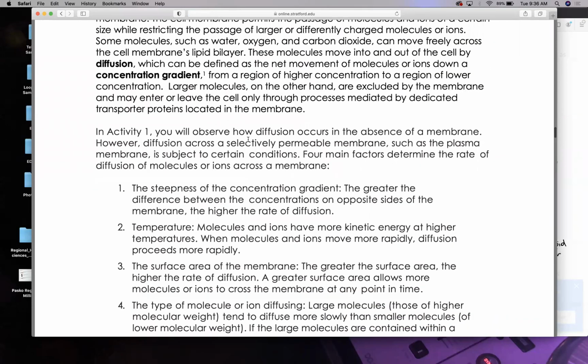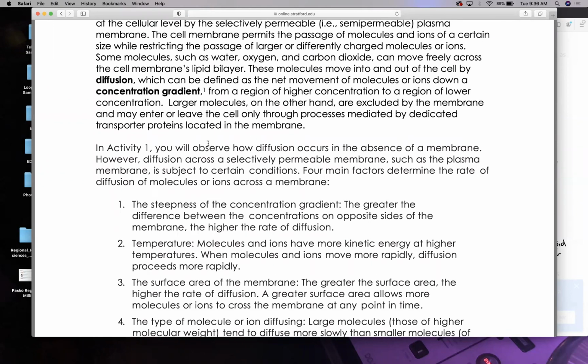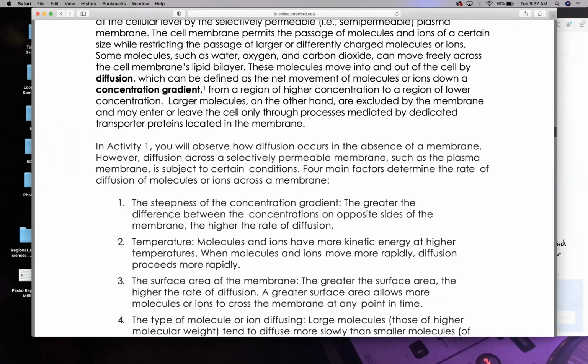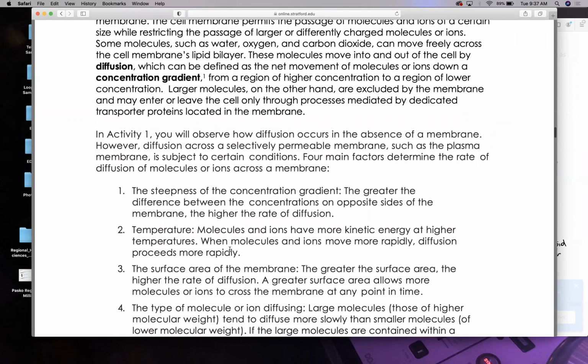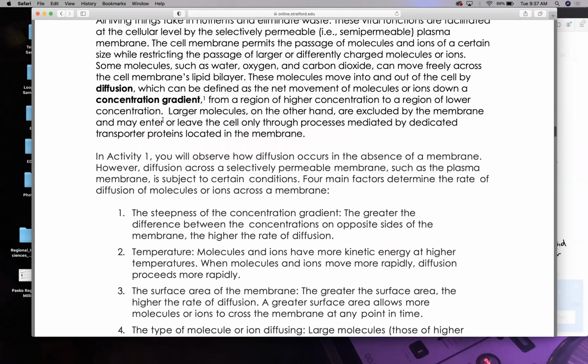So let's talk about diffusion and the concentration gradient. I'm not sure when's the last time any of you have been in a mall, but it's been a while, hasn't it? But when you go to Macy's or Nordstrom, and you go into the perfume counter, right?